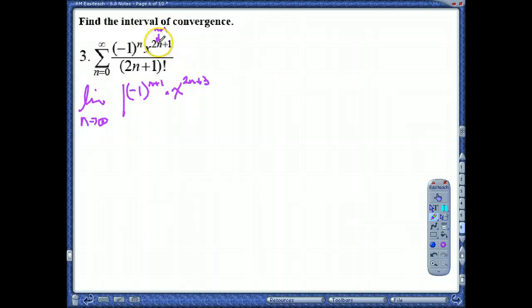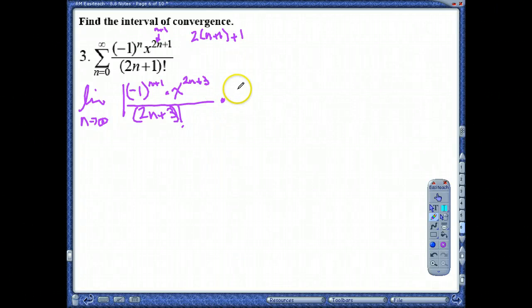Okay? So if you're putting n plus 1 in here, you're going to have 2 times n plus 1 plus 1. So that's where I get that 3. All over, same thing. I get my 2n plus 3 factorial. Okay, so that is the n plus 1 term.